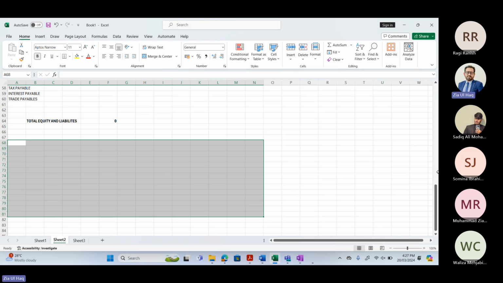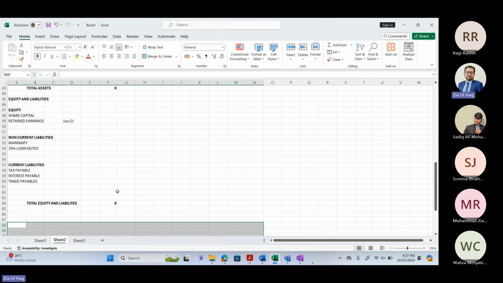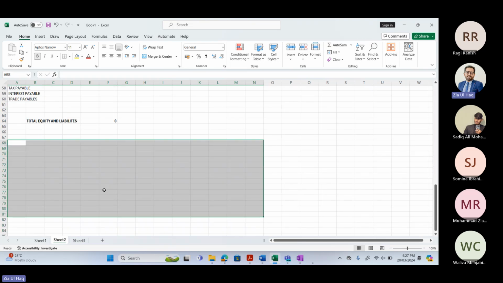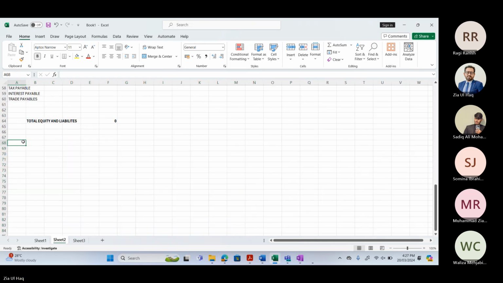Okay, let's discuss. So now we need to prepare statement of changes in equity as well. So prepare format for statement of changes in equity. Company name. Statement of changes in equity for the year ended 31st March 20x7.